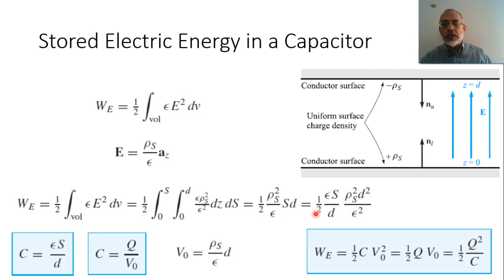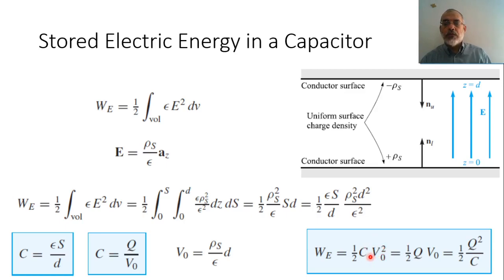So in this case, we can say that the stored electric energy equals half the capacitance multiplied by the potential difference squared. The stored electric energy equals half the capacitance multiplied by the potential difference squared.